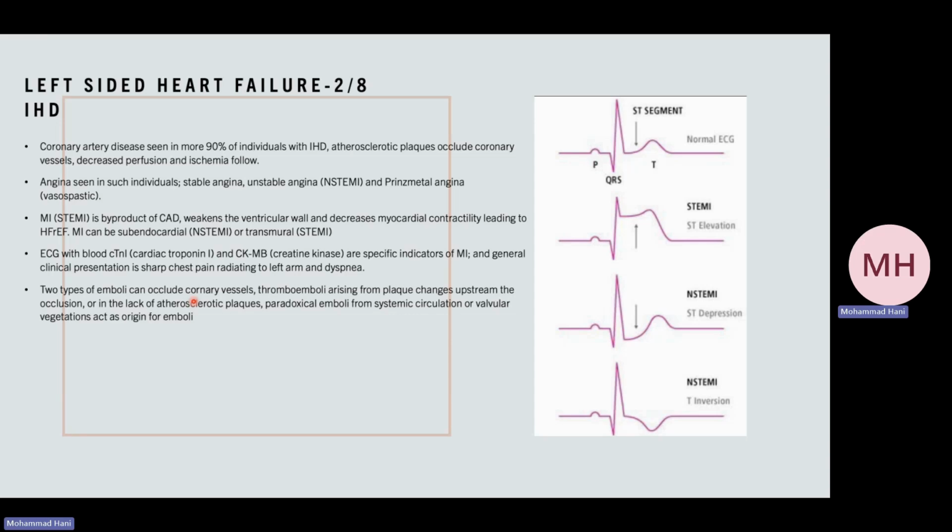A more common way of thromboemboli occluding the coronary vessel would be from vegetations in valvular diseases. Vegetations are any mass that could be found on the valve surface, so they could be sterile or non-sterile.